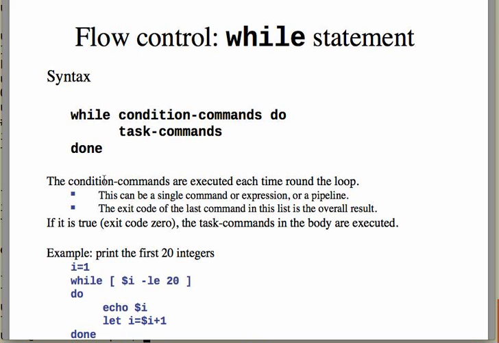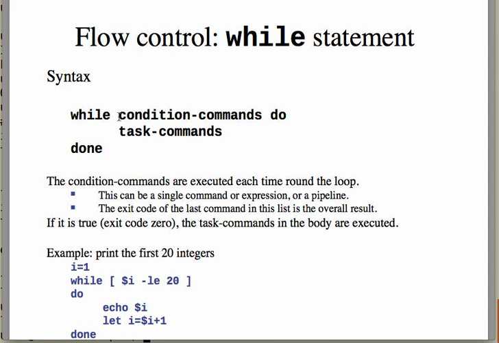Okay, so the condition commands are executed each time around the loop. You execute the command. If it's true, then you do all of this, come back around, try the command again, test it again. If it's true, keep doing it until the condition becomes false. The exit code of the last command in this list is the overall result. So whatever list of commands you have here, it's the very last one that is the overall result of this while loop. Sorry, I messed that up.